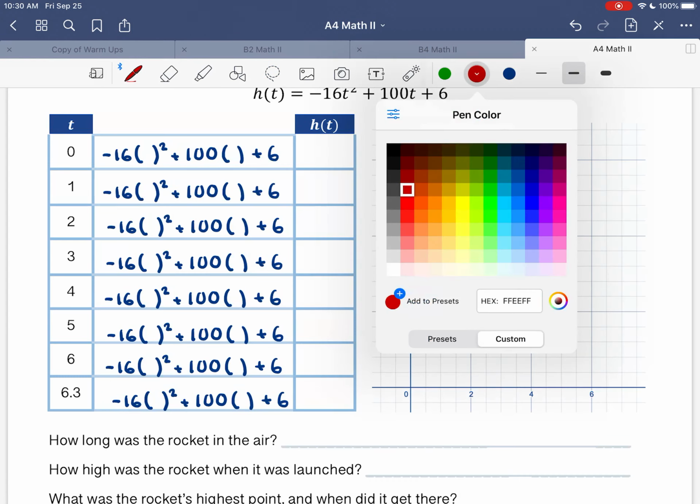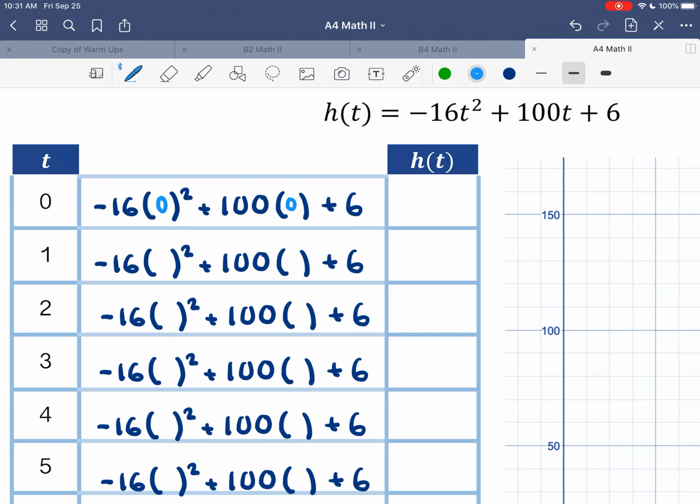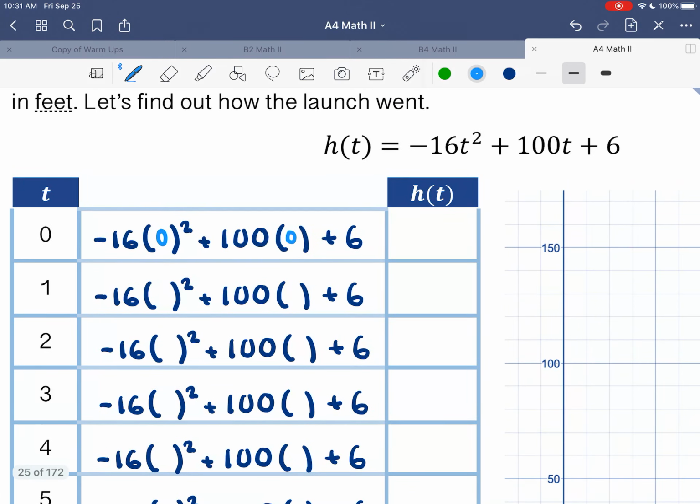So I will do one, and then I'm going to encourage you to pause me and plug in the rest by yourself so that you can understand how plugging in something works. This first one, we're plugging in 0, and I want you to do this on a calculator. This is calculator type work here. So just be careful to type it in just as we have it in the function.